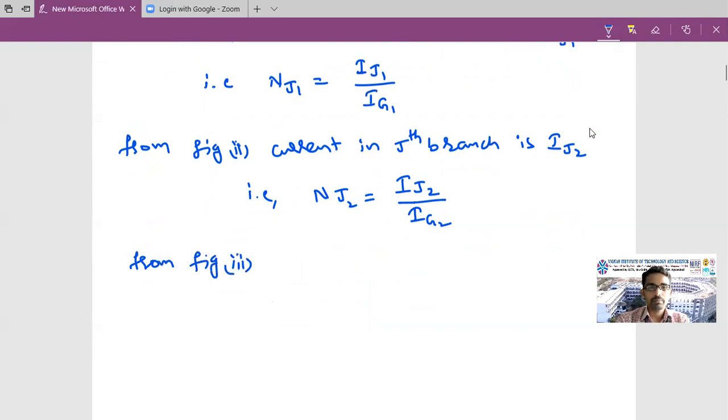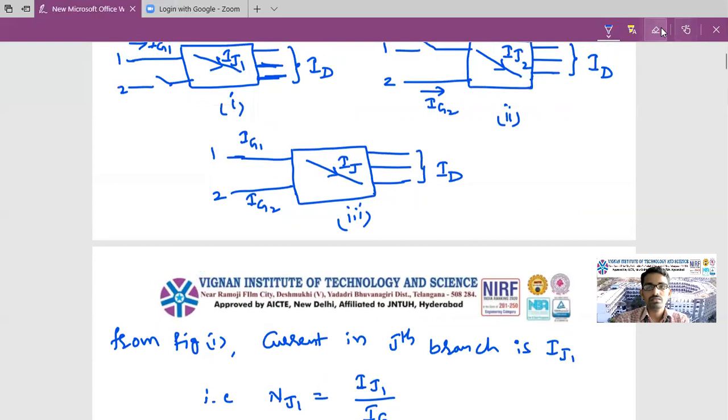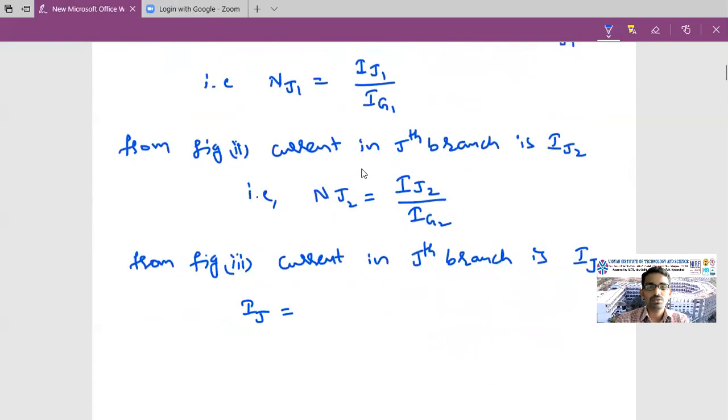But if you consider figure 3, what is there? The current in jth branch is Ij. Here Ij is nothing but the addition of these two, Ij1 plus Ij2 is equal to Ij.